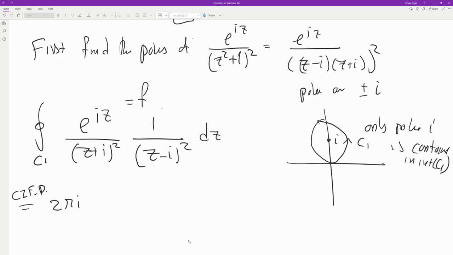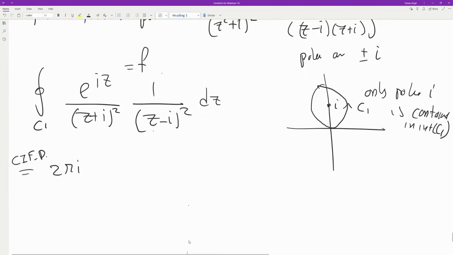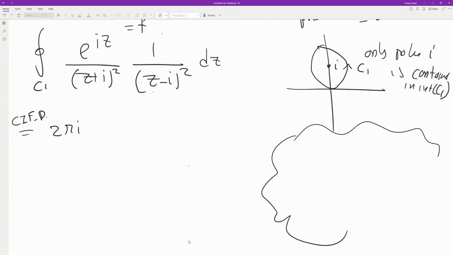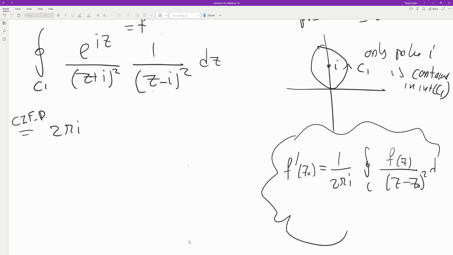First, let me remind you what the formula is. Let me put it in a bubble. f prime of z naught is equal to 1 over 2 pi i integral of f of z over (z minus z naught) squared. Okay, so that's the formula.